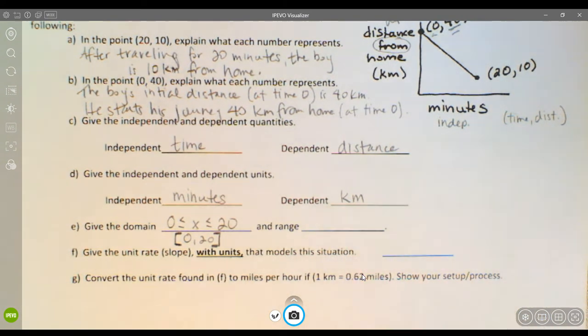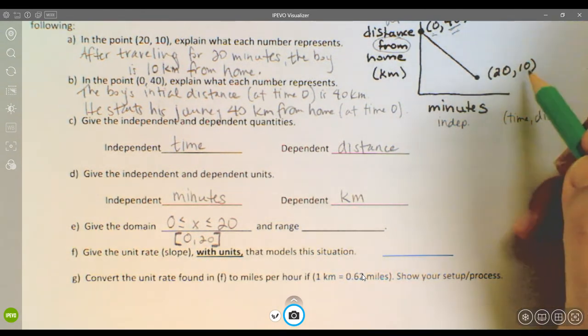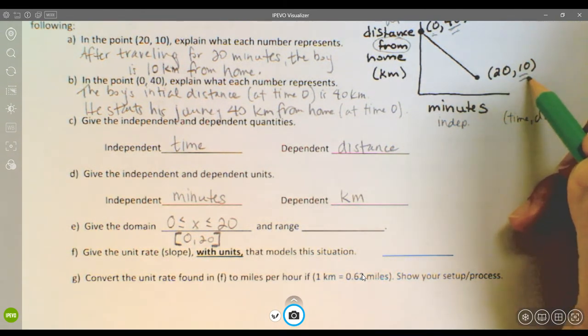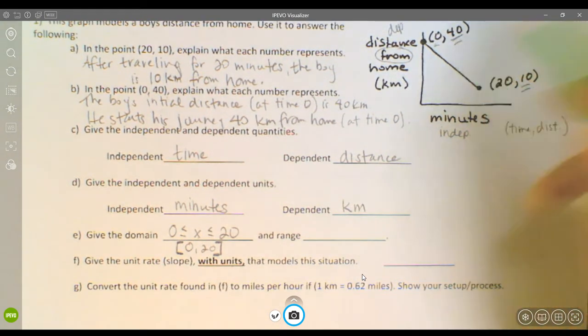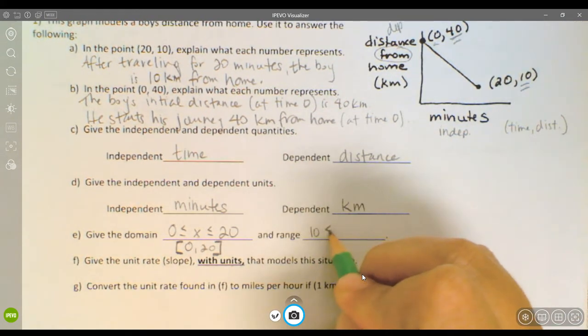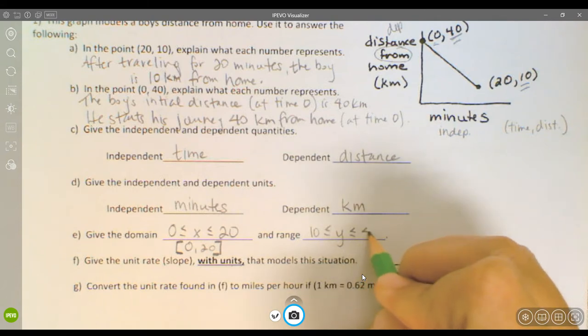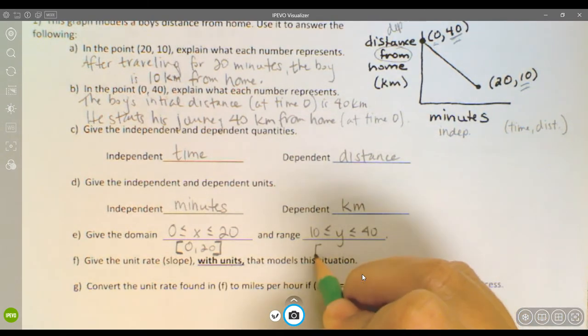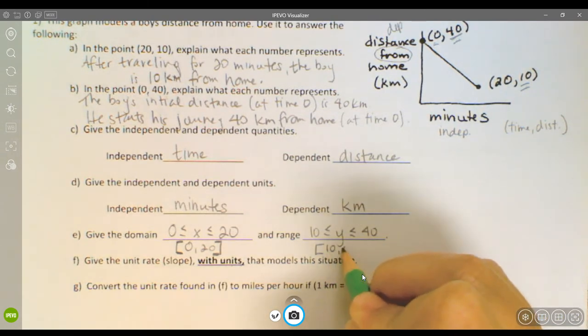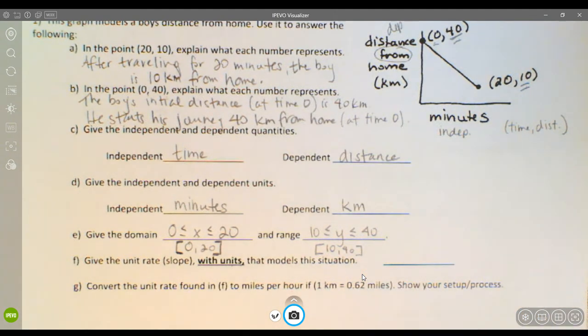Our range, remember, is the set of all y coordinates. So look at your y coordinates. My y coordinates go from 10 to 40. So it looks like my y value goes anywhere from 10 to 40. And in interval notation, we're going 10 to 40.